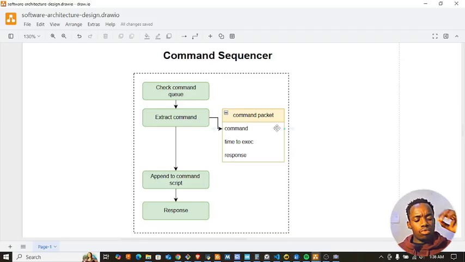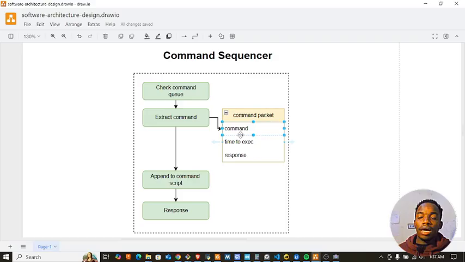So the ground station can send commands, like a script of commands, to be run by the CubeSat in orbit. They send a file that has command A, B, C, D at this time, to do that at that time. So this packet has a command, the time to execute it, and the response.